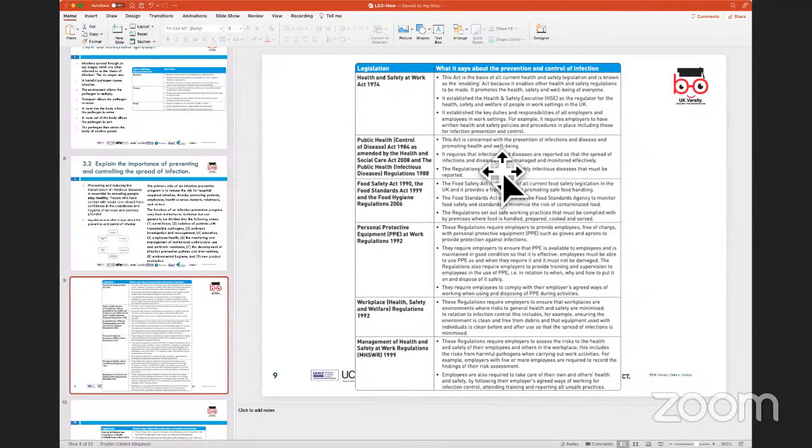Then we look at personal and protective equipment at work, which has played a very vital role during the COVID pandemic. Then we also look at workplace regulations, which were introduced not just for health and safety, but also for welfare of employees. That means generally ensuring that, if you have facilities like toilets or common areas, they are generally kept clean, they are free from any sort of debris, equipment, and they are not going to cause any harm to the people who work within a particular organization.